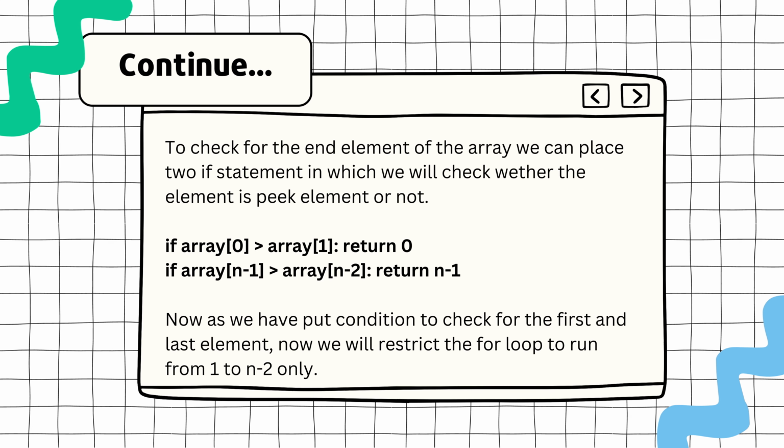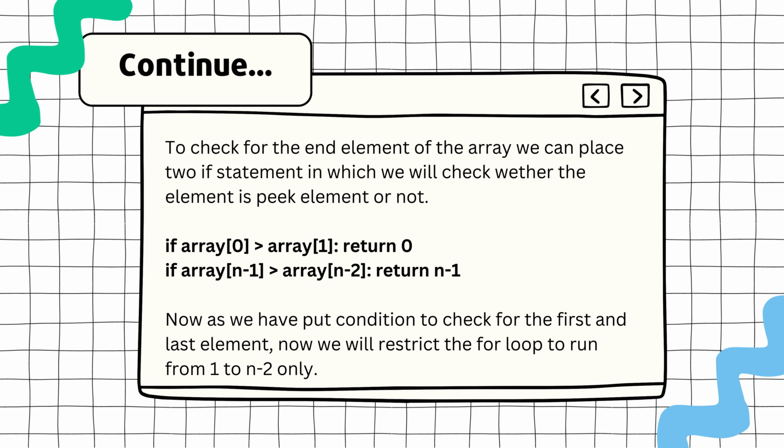whether these elements are peak elements or not. To check for the start and end elements of the array, we can place two if statements in which we will check whether the element is a peak element or not. In the first if statement, we will check if the start element is greater than its next element, and in the second if statement, we will check if the end element is greater than its previous element or not.